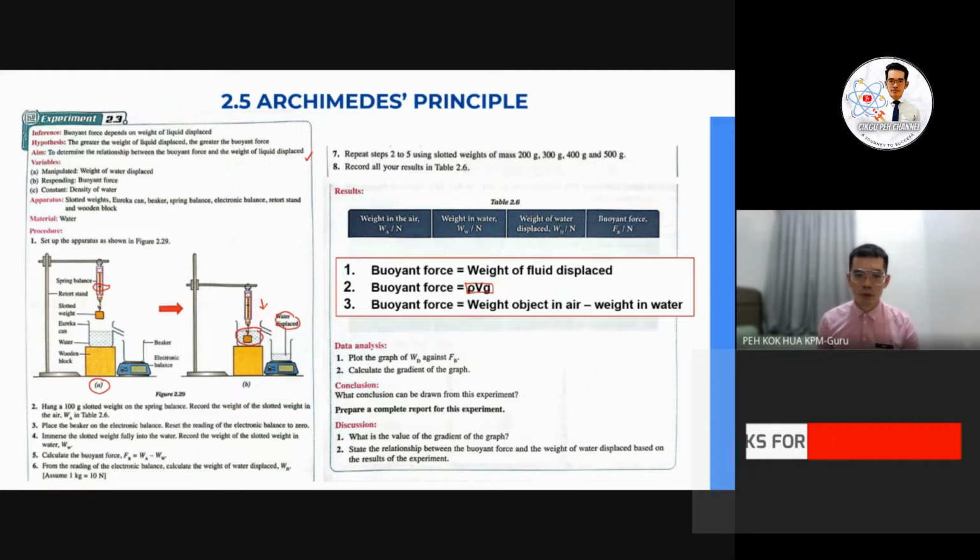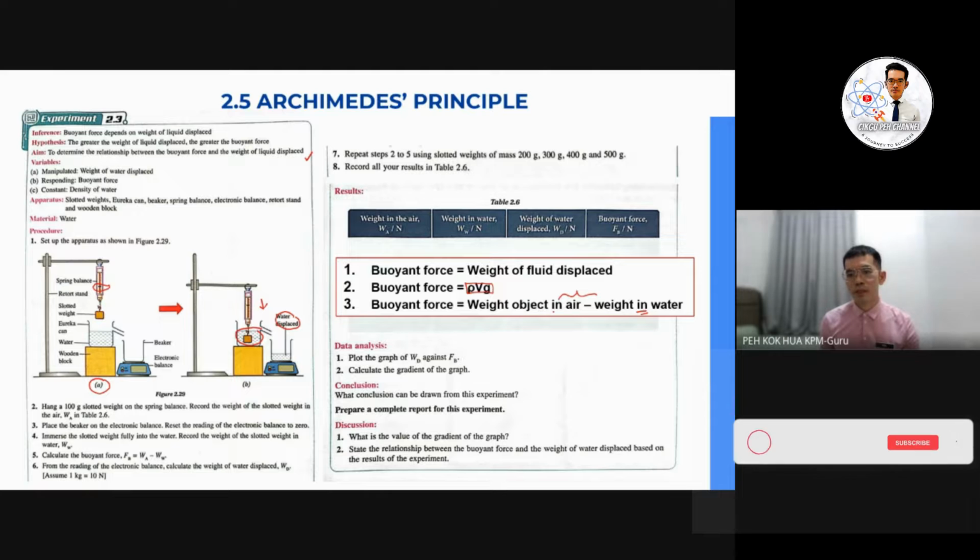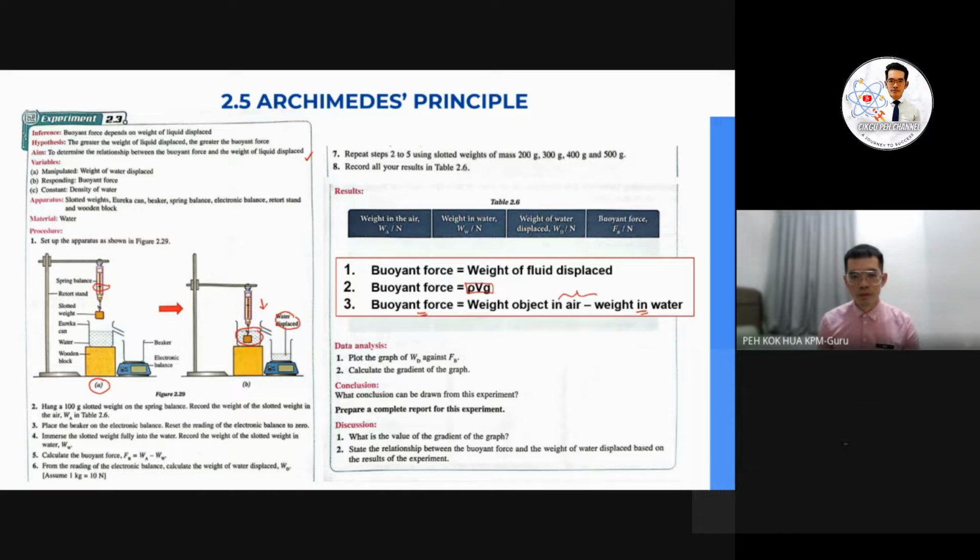So you have to record it down. The difference between the weight of the object in air and in water will be equal to the buoyant force. So there will be a loss of weight when the object is immersed in water.